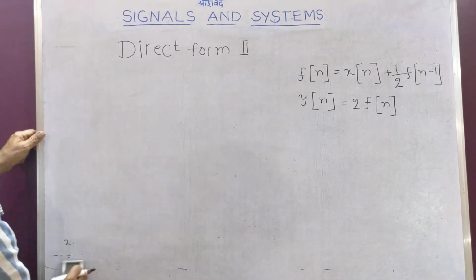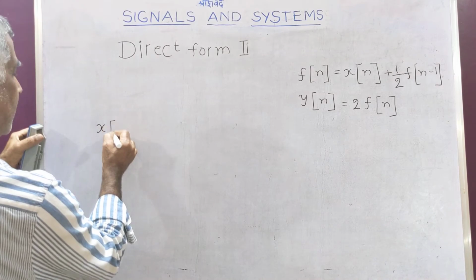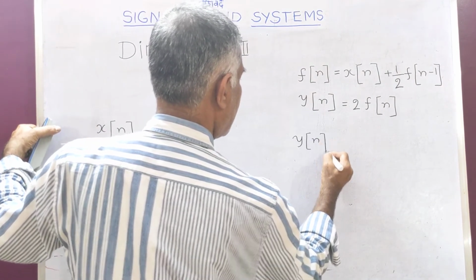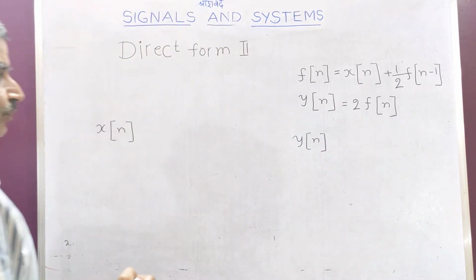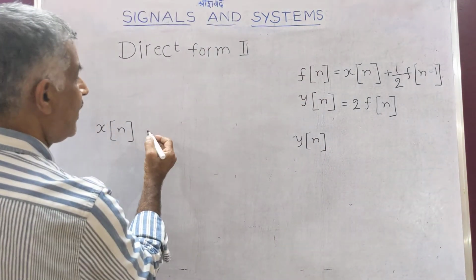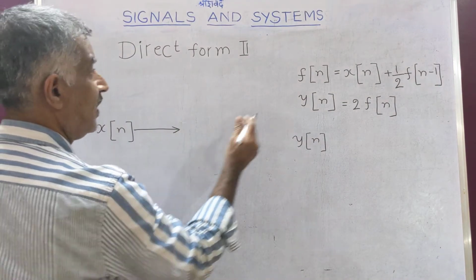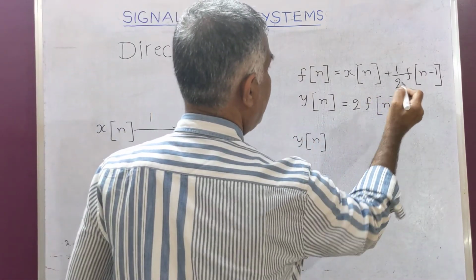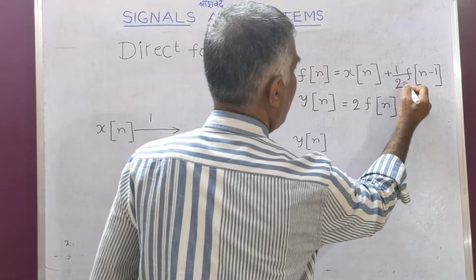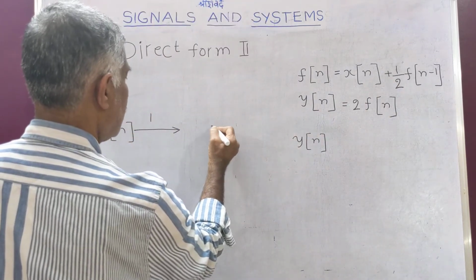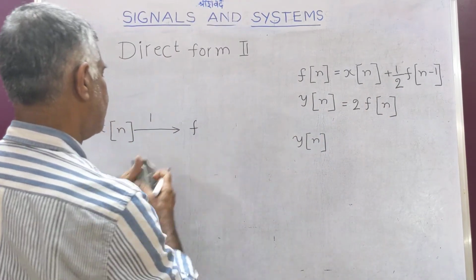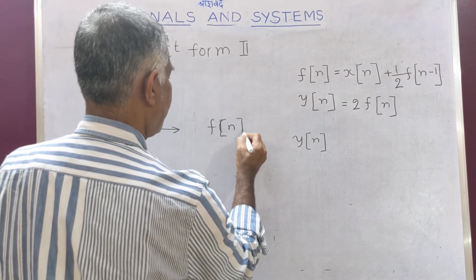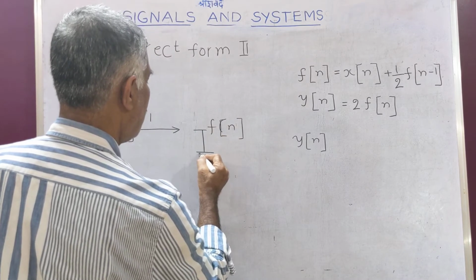First on one side you write x of n, and on the other side you write y of n. Now first f of n. f of n is 1 times x of n and half times f of n minus 1. If you call this signal f of n, introduce a shift element.